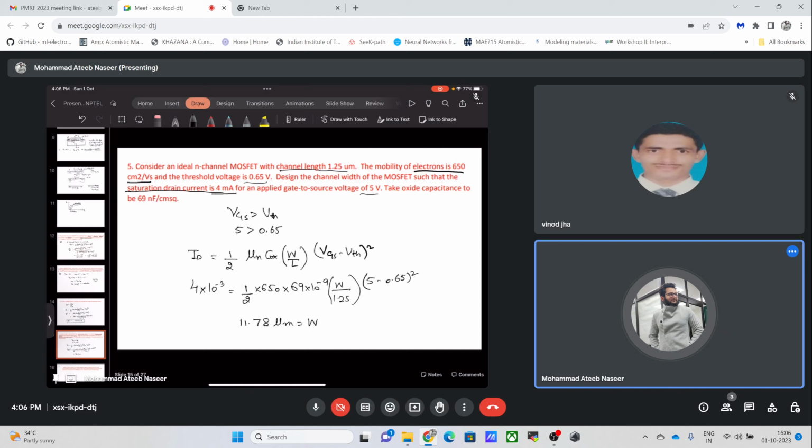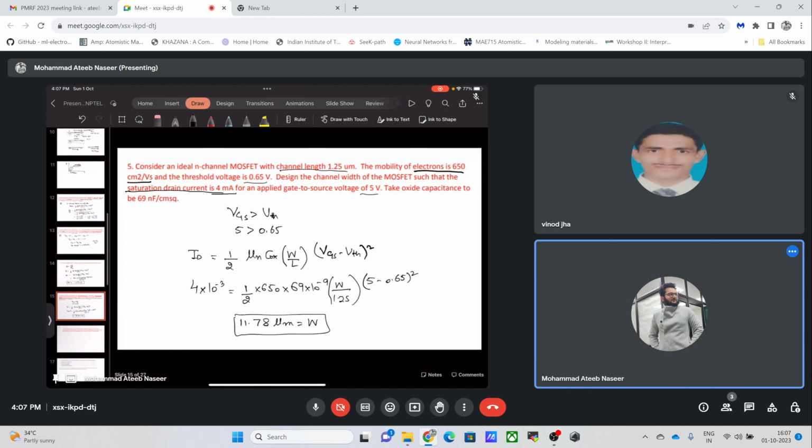This is the width of the MOSFET that we require in order to have a drain to source saturation current of 4 milliamperes at a bias of 5 volts.